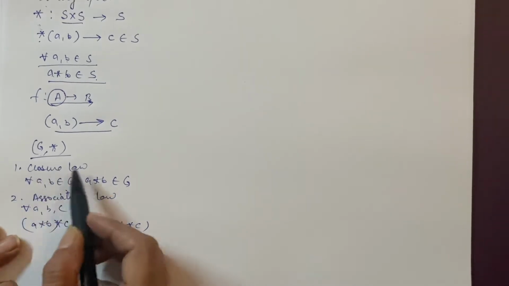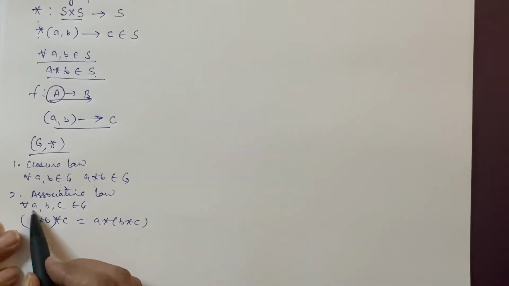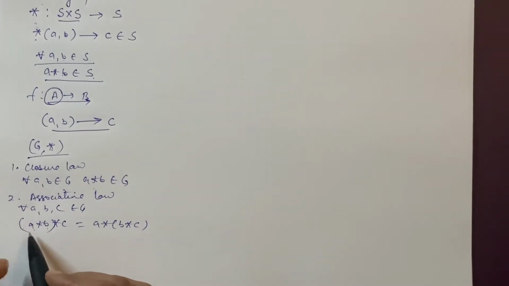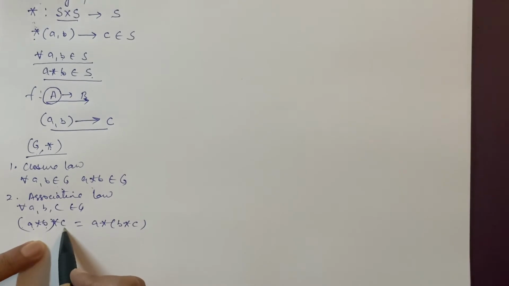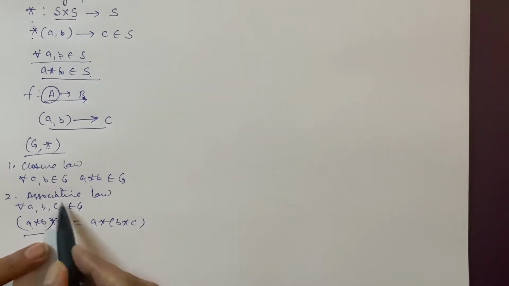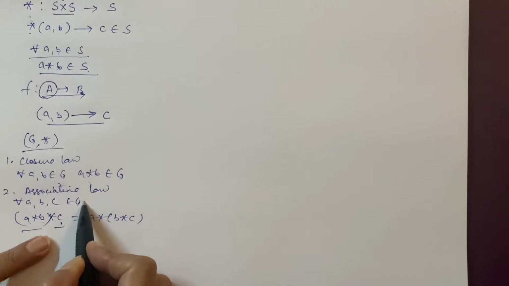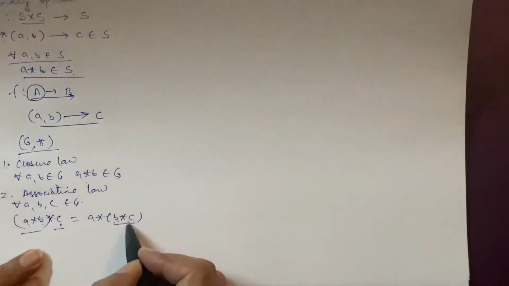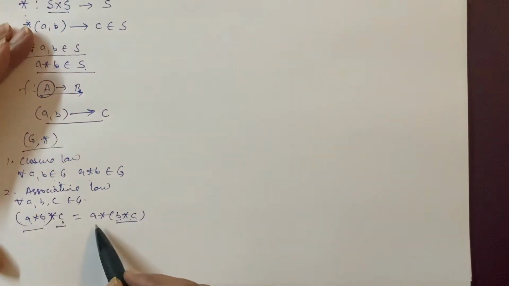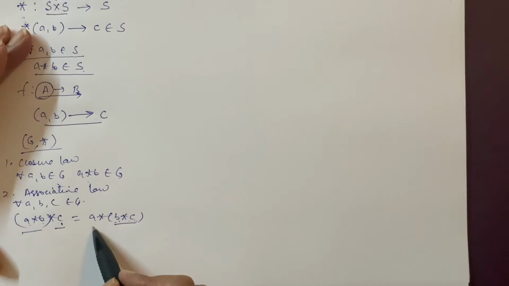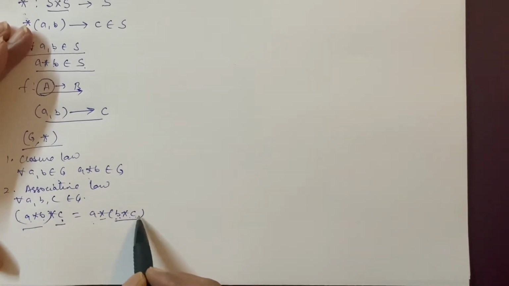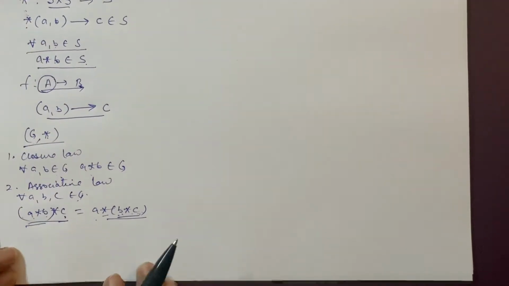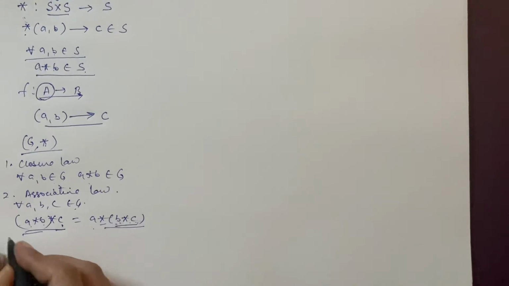That by the closure law, whenever a, b belong to G, a star b belongs to G. Now a star b is an element of G, it can be operated with any third element of G, and the result will again belong to G. Similarly, b and c belong to G, so b star c belongs to G, and now b star c is an element of G, a is an element of G, so a star (b star c) belongs to G, and in particular these both elements are equal also. This is known as the associative law.